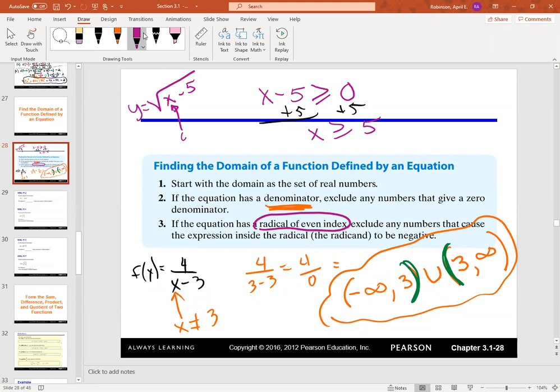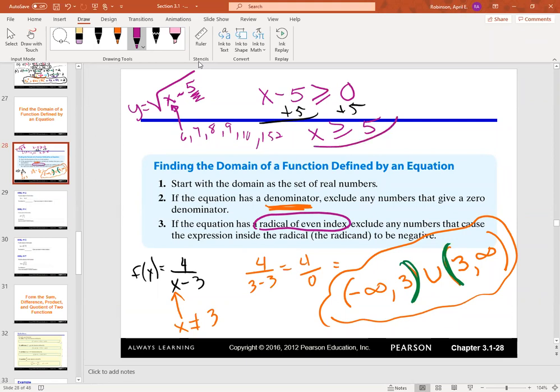I can plug in a 6, I can plug in a 7, an 8, a 9, a 10, 152, whatever, it doesn't matter. Because as long as x is bigger than this 5, when I subtract, what I have left over will be positive, and I'll be able to square root it. But I couldn't use 4 or 3 or 2 or 1, because those numbers minus 5 would give me a negative, and the square root of a negative takes us to imaginary land.